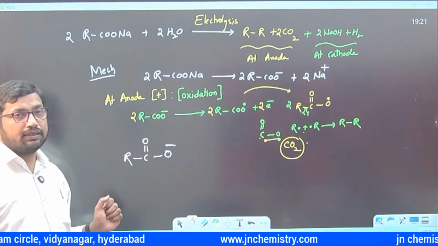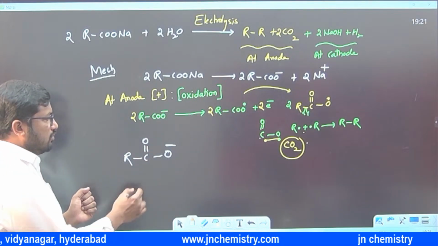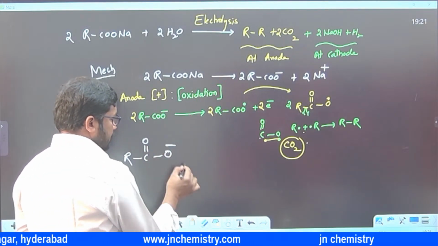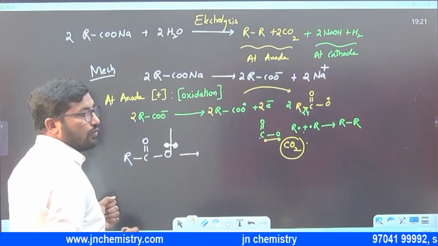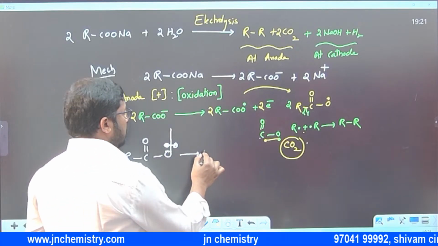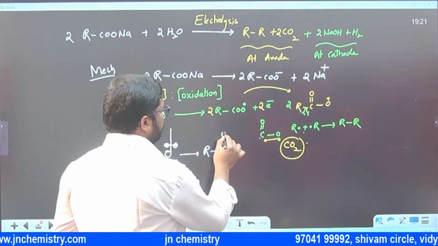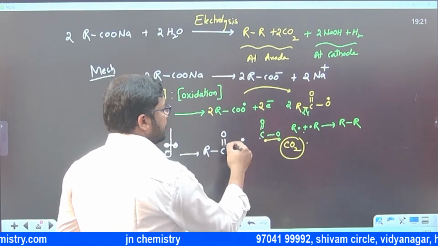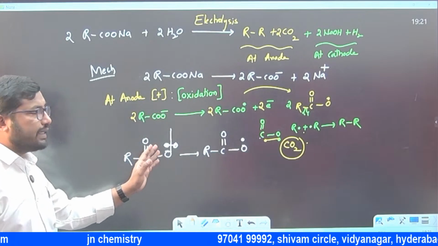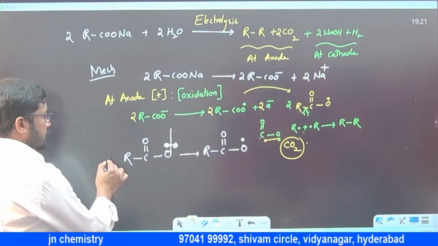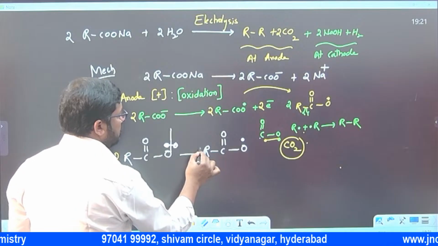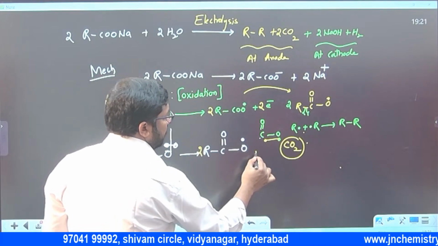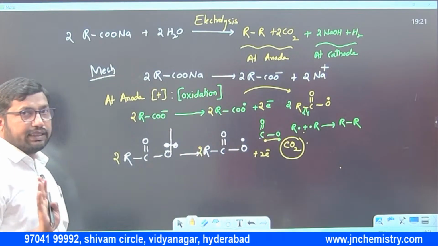Minus means 2 electrons. So it undergoes homolytic cleavage to give R C double bond O radical, plus the electron goes out. 2 moles give 2 molecules, and 2 electrons are going out. This is the first step. Is it clear?